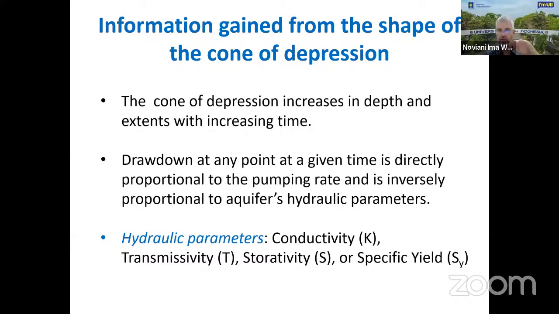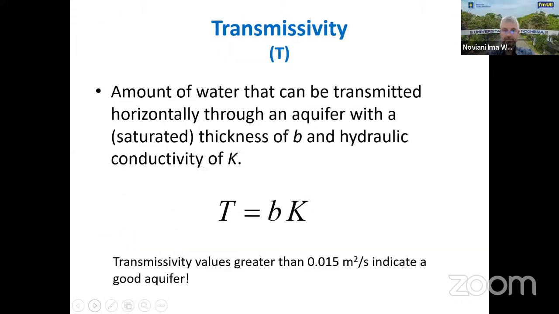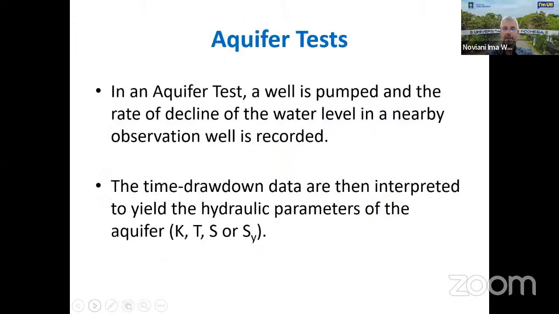So high drawdown means a lot of pumping, or it could also mean low conductivity, low transmissivity. So the trick now is to make sense out of all this information, and that's where aquifer tests come in.